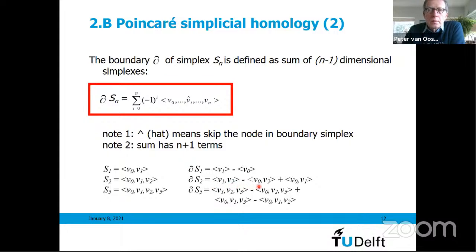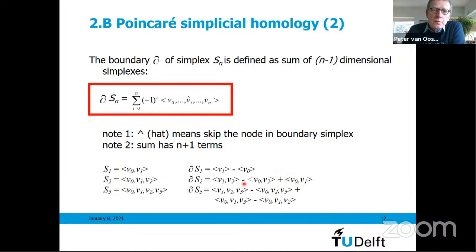The second one, I omit the second vertex, V1. -1 to the power 1 is -1, so negative. And for the last element, I omit the last vertex and I have just V0 and V1. And -1 to the power 2 is positive, so I have a positive sign.